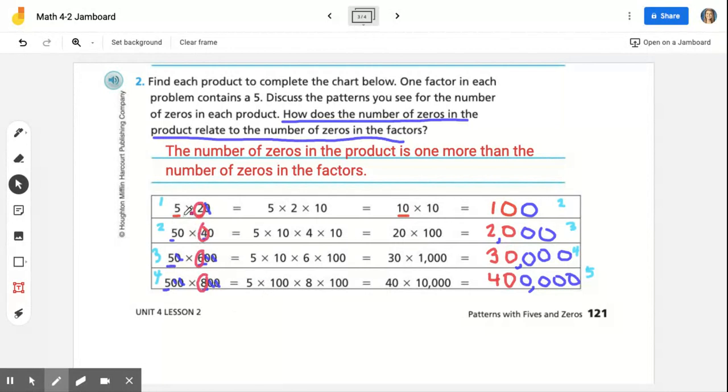And when we multiplied 5 by these even numbers, our math facts always ended in a 0. And this 0 was not counted when we brought over the zeros. So we left those math facts over there, and then we brought over the zeros. And the reason why we had one more 0 over here is because there was a 0 contained in the original math fact answer. So that's why there's one more 0 over here.